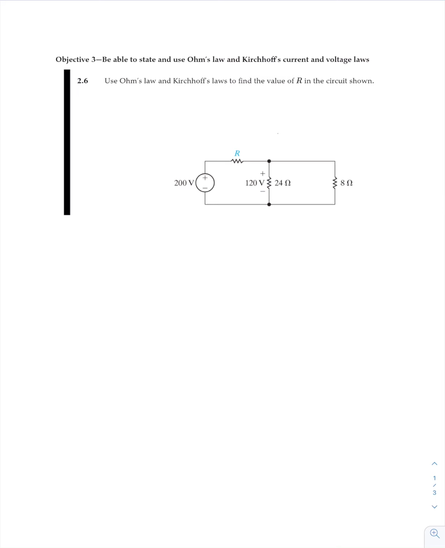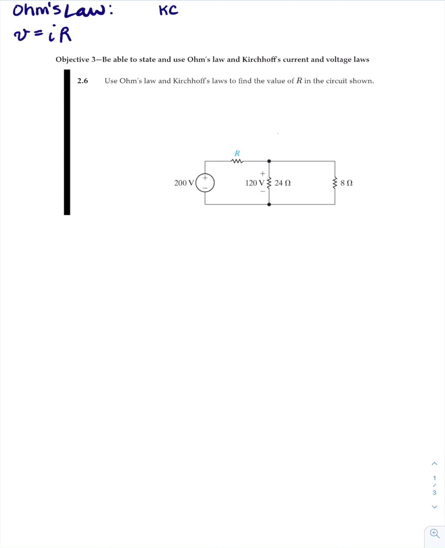And let's review. What is Ohm's law? Ohm's law is the voltage in an element is equal to the current going through that element and the resistance of that element.